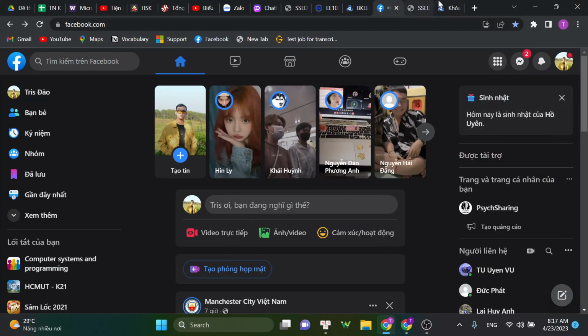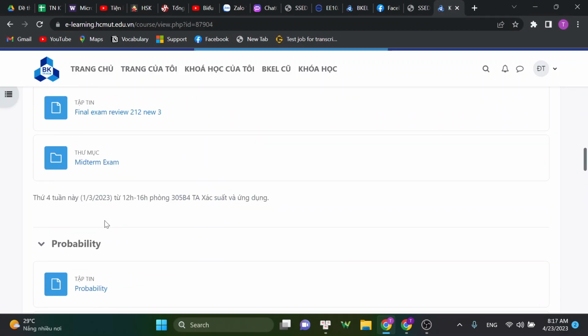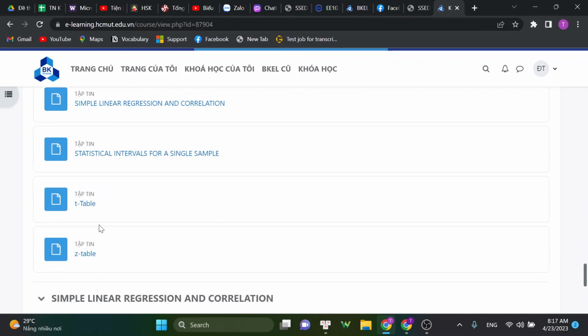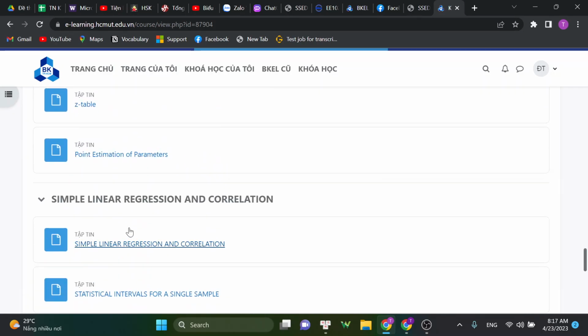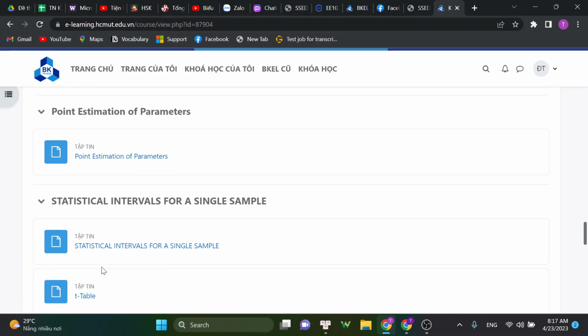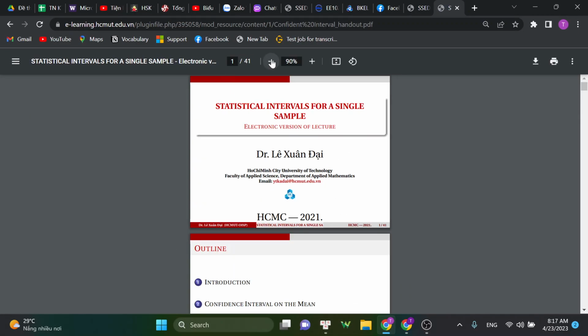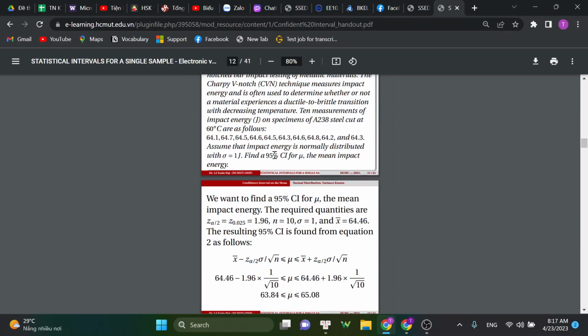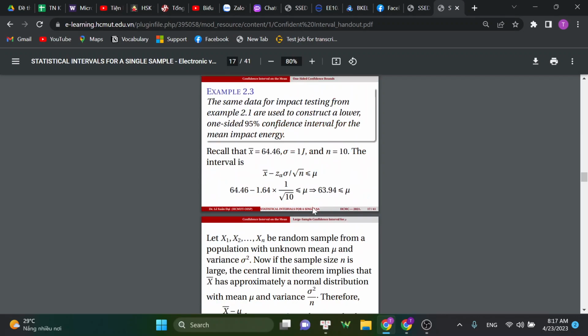Anyone? Anyone remember? No, not remember. You can look at the formula here, right?